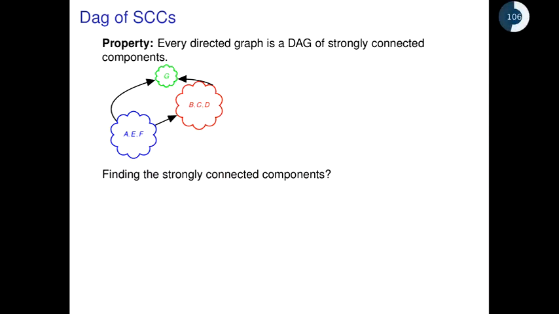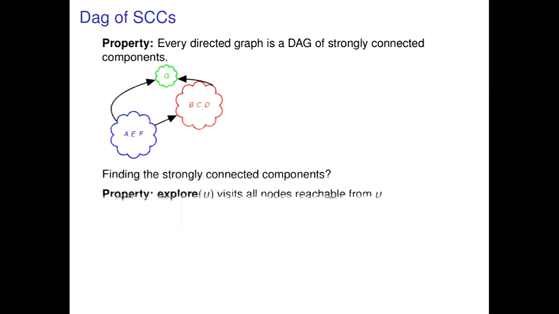Okay, so let's say, remember, let's go back to explore. If I start and explore at a vertex U, it explores all the nodes reachable from U. That's the basic property of the Explore procedure.